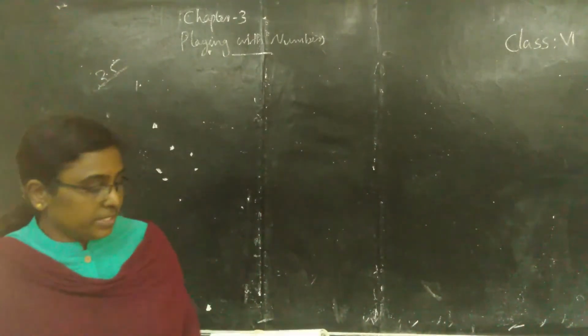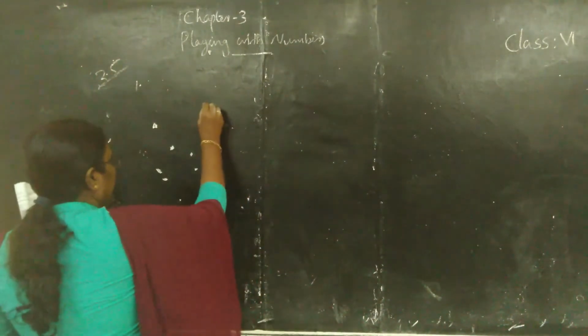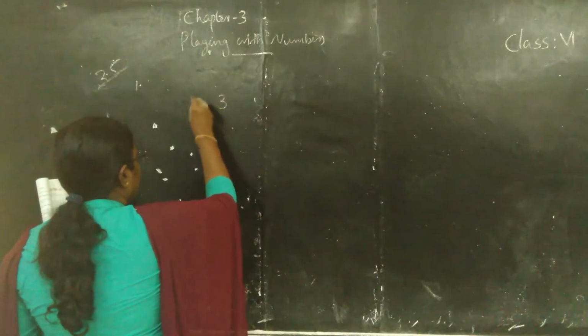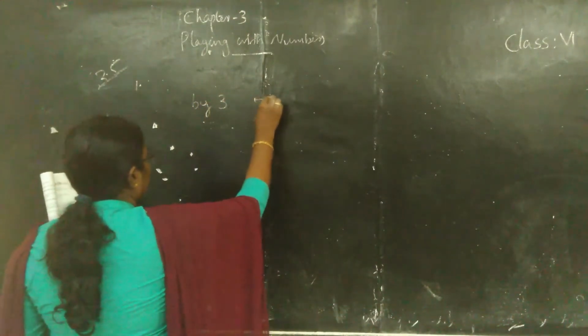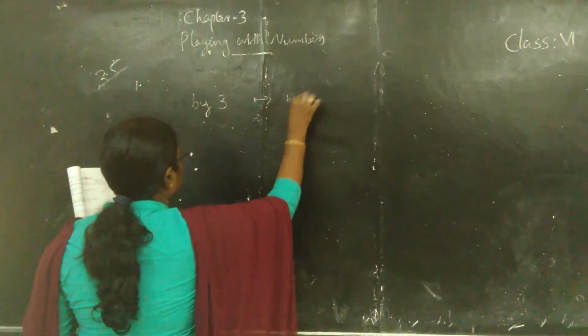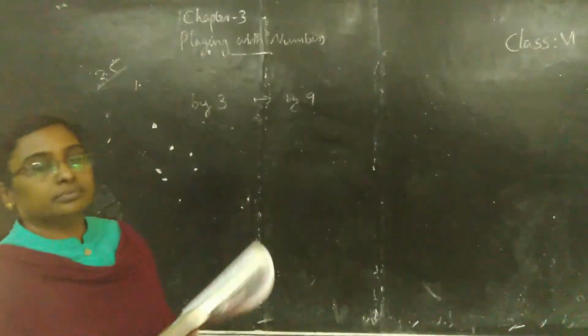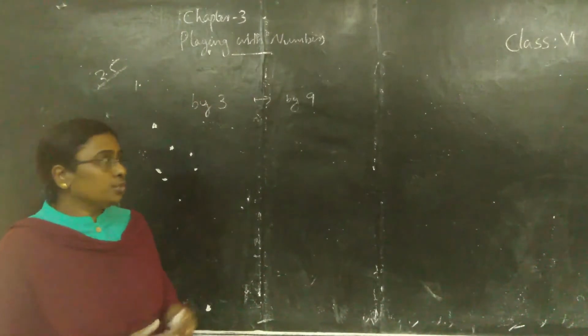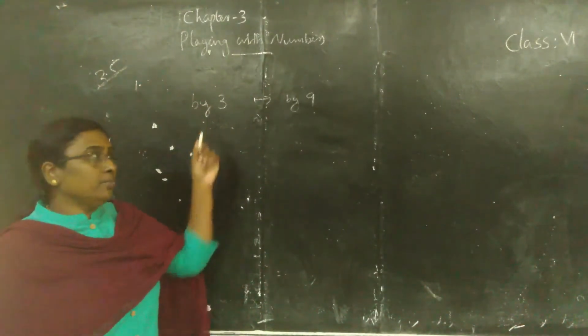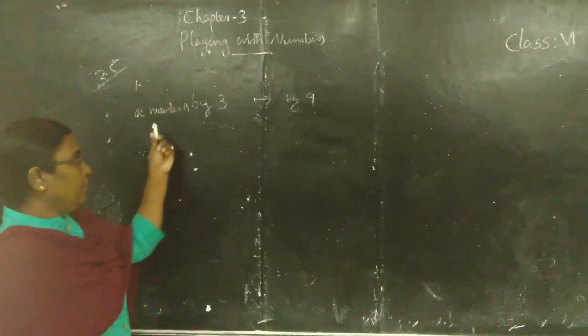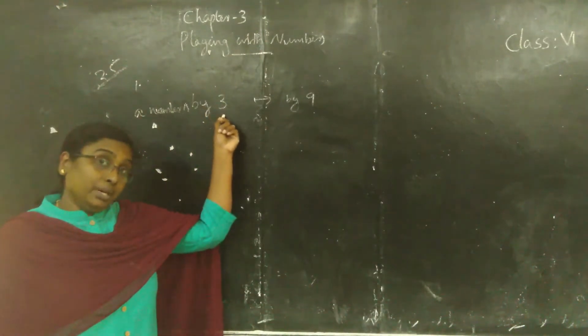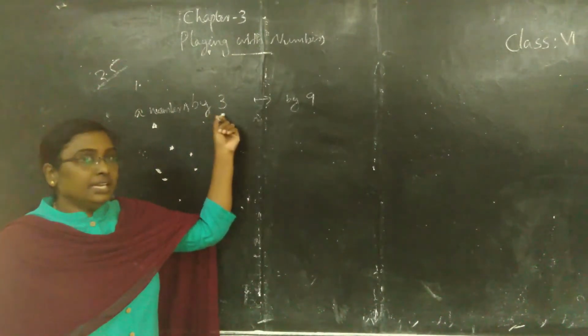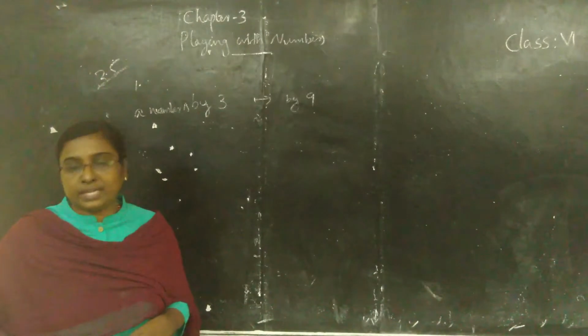A number is divisible by 3, it must be divisible by 9. We studied the division rule: if a number is divisible by another number, then it is divisible by each of its factors.